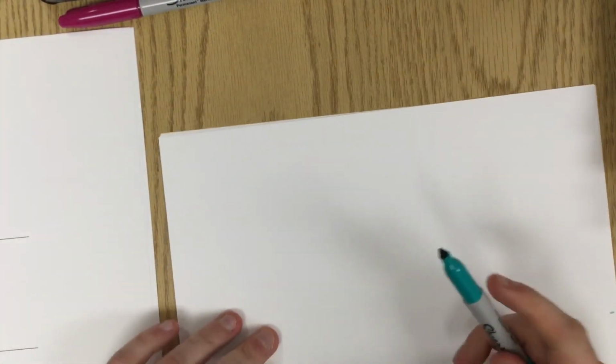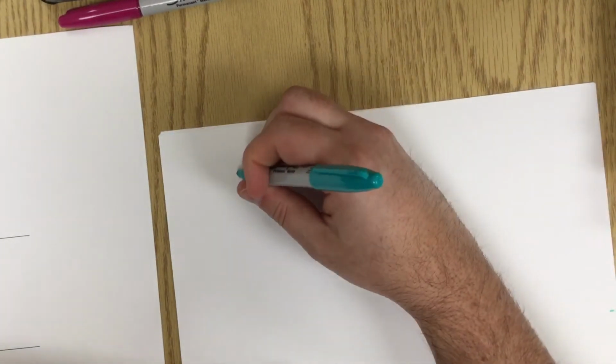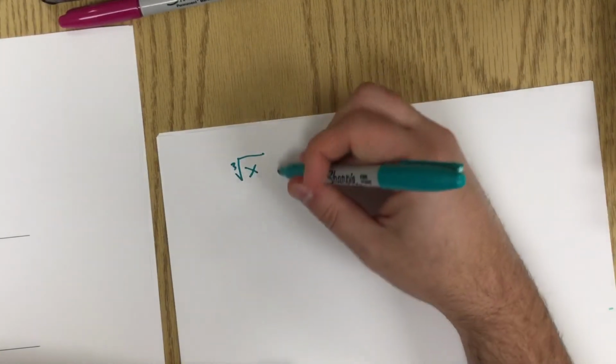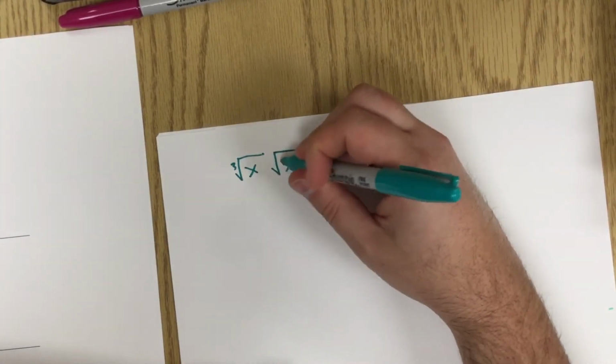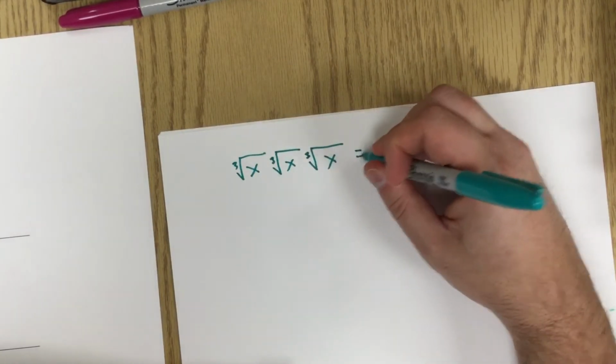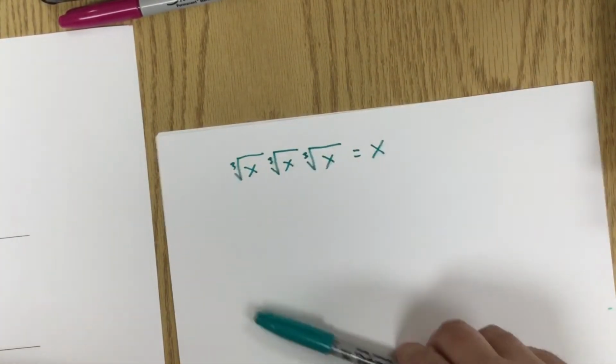Okay, let's do the same type of thing. So I'm going to say that the cube root of x, so that's something that has to be multiplied by itself 3 times. So the cube root of x multiplied by itself 3 times would be equal to x.